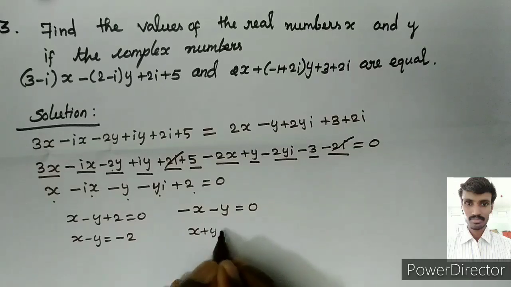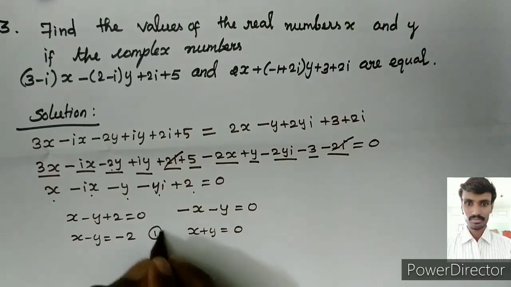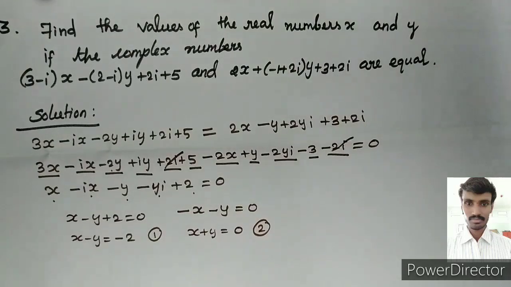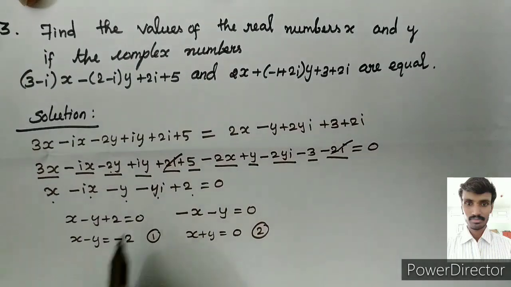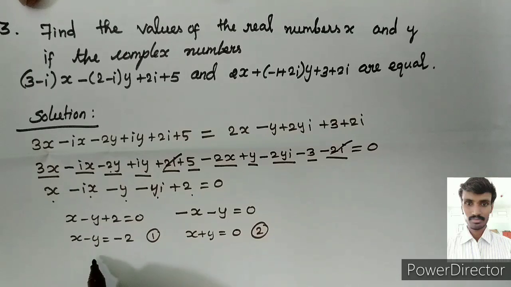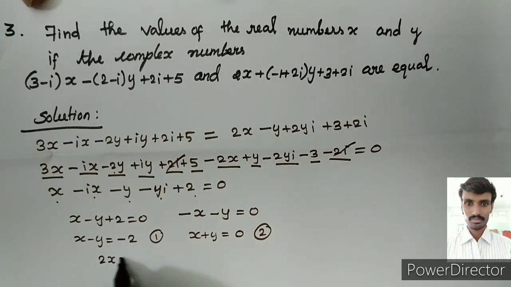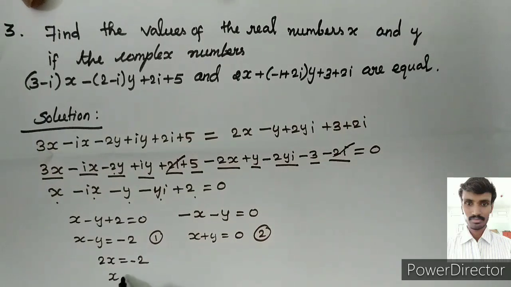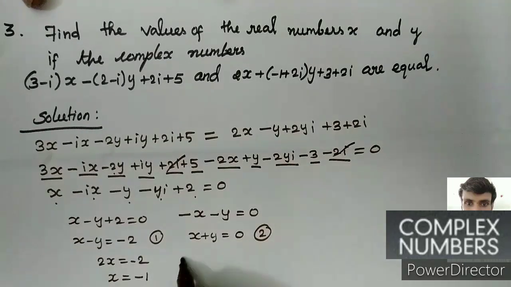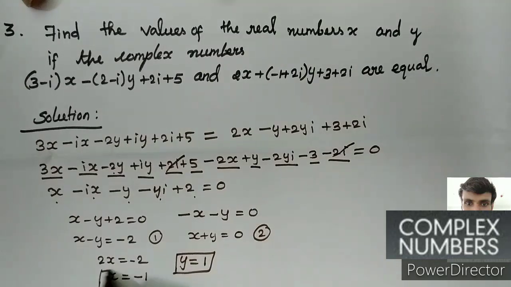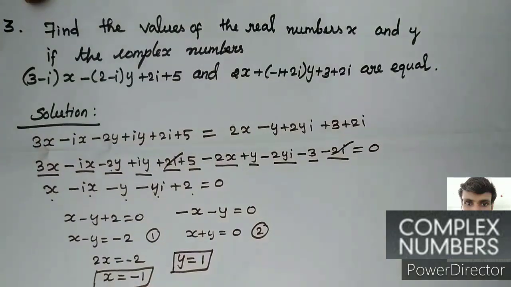By using the two equations, we solve for x and y. The question asks for the values of real numbers x and y, so x and y are real. When we add the two equations, we get 2x + 2 = 0, therefore x is equal to −1, then y is equal to 1.